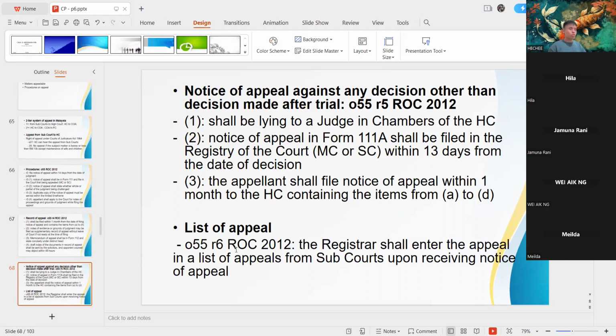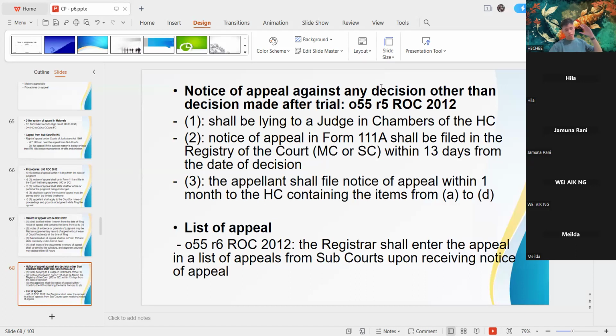Okay, so these are the methods under Order 55 Rule 5. Because it goes to the High Court already, under Order 55 Rule 5, the notice of appeal is against any decision other than the decision made after the trial.